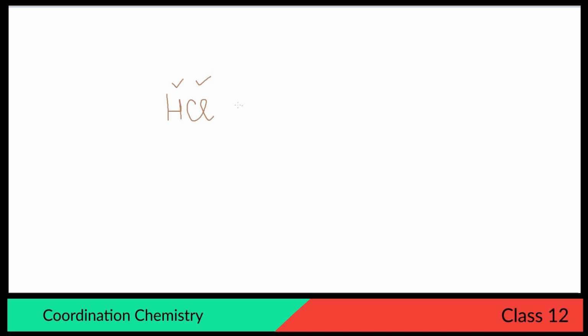To which I would say that it's absolutely wrong. Why? Just let us discuss the electronic configuration, then you'll realize why I say that it's wrong. The electronic configuration for hydrogen is 1, because its atomic number is 1.